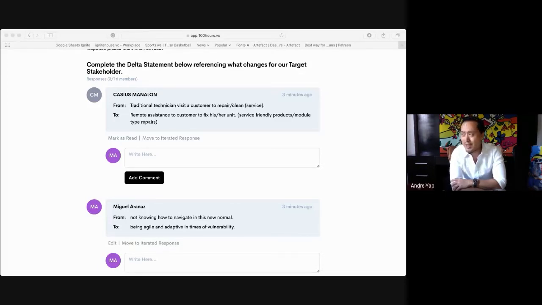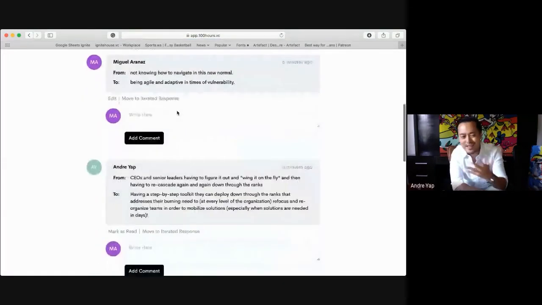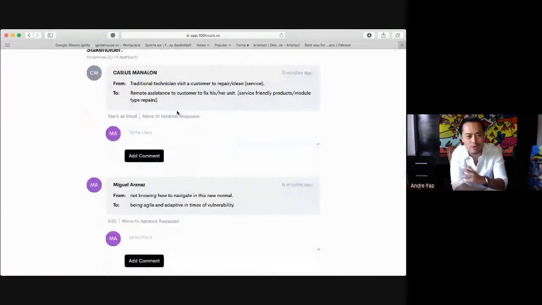With all of us being home so much, we're running the aircons. 3 times already my aircon has conked out. It's just shut off like it's possessed. I have to go to the circuit breaker and fix it. Now, in normal times, I would have called the technician and they would have sent somebody over. But of course, there's no way I'm going to let anybody into my house, right? So, what you're saying is exactly, again, the from to there is very clear.